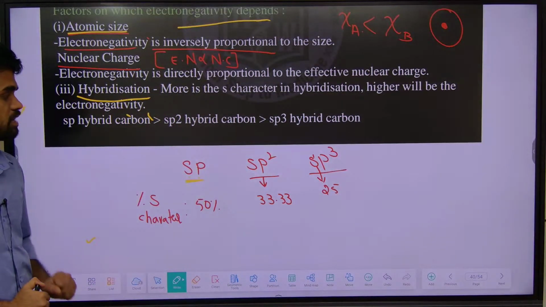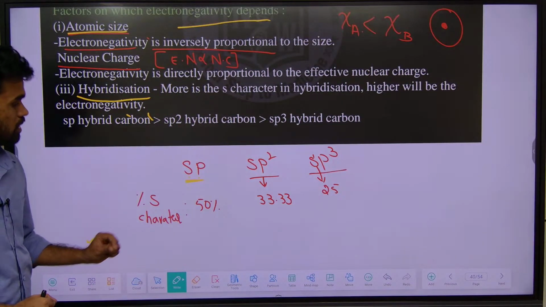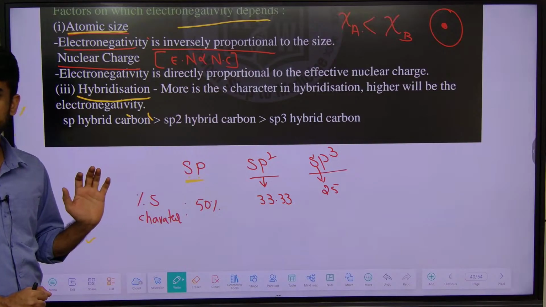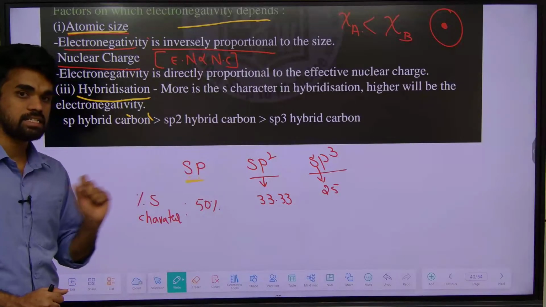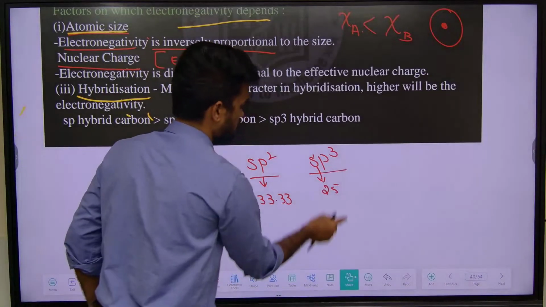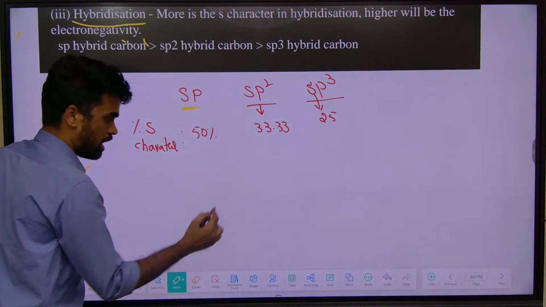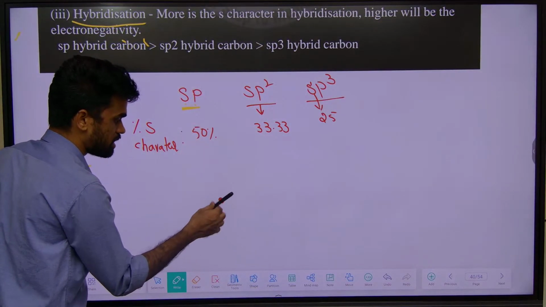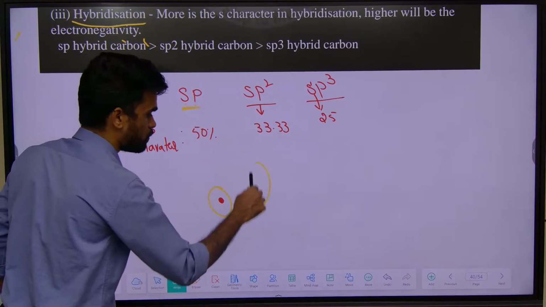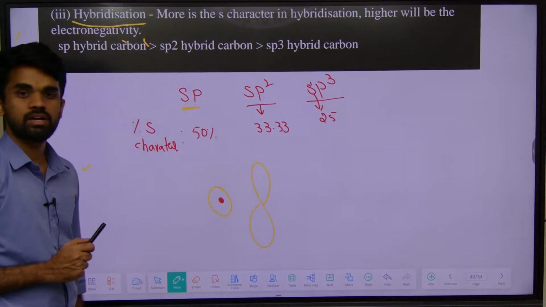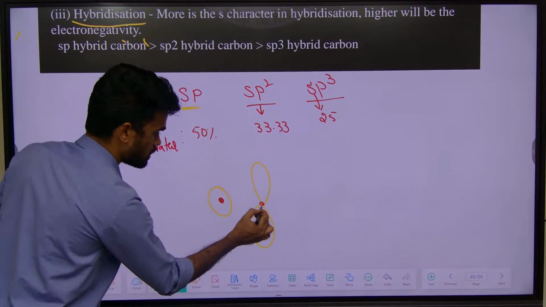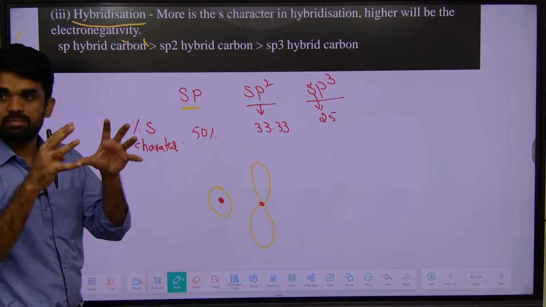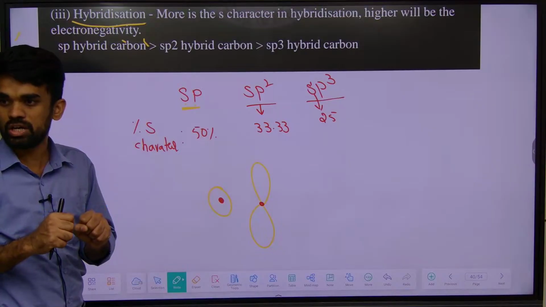After writing this, where do we have more percentage of s character? In sp. What is the use of understanding the percentage of s character? We discussed this in the last class also. If there is a nucleus having these orbitals, the s orbital is closer to the nucleus, more symmetric and more effectively attracted by the nucleus.